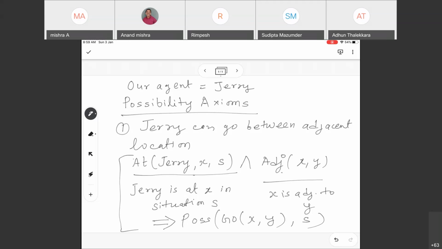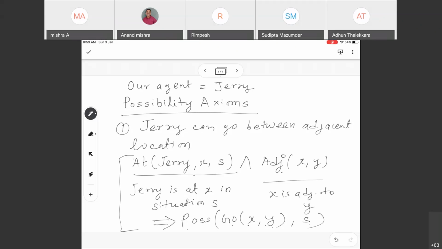These two statements are true, and that implies the possibility that you can actually go from X to Y in situation S, because that is what is given. Let's take another example. Any question here?